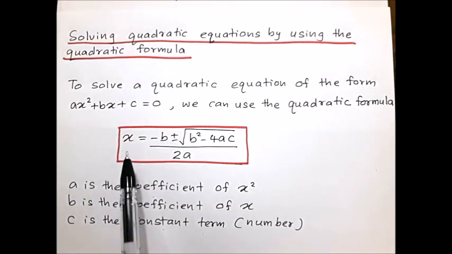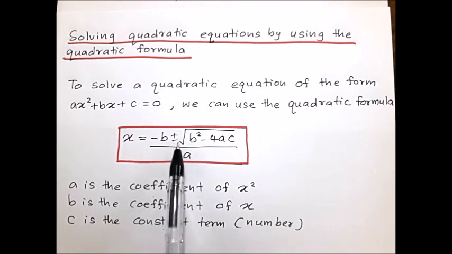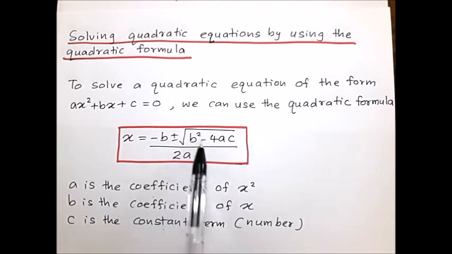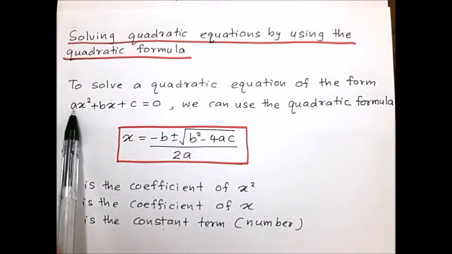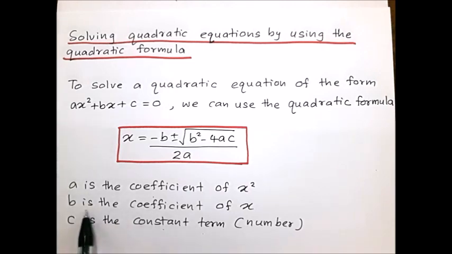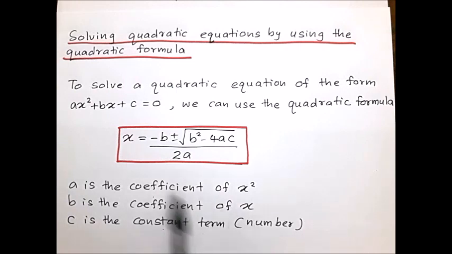It is x equals minus b plus or minus square root of b squared minus 4ac, divided by 2a. Here a is the coefficient of x squared. b is the coefficient of x. c is the constant term.